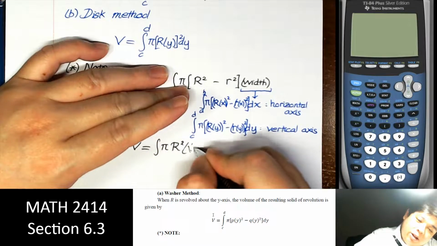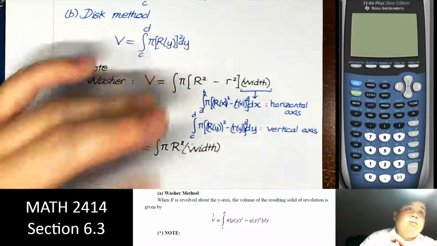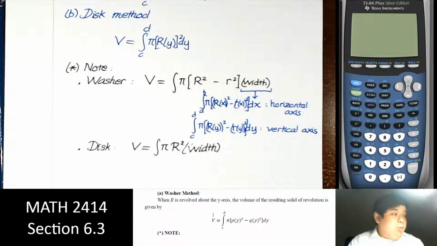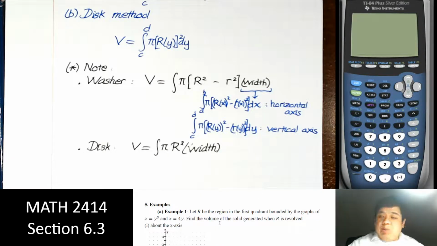And we have the width. I'm drawing the width because that could be either dx or dy. Right. Now we have a lot of examples.